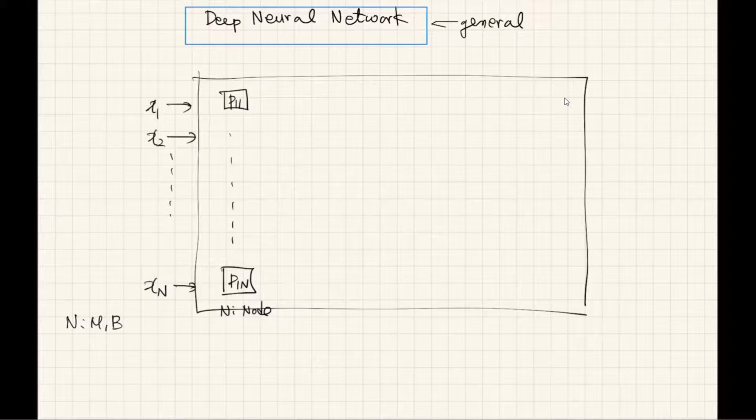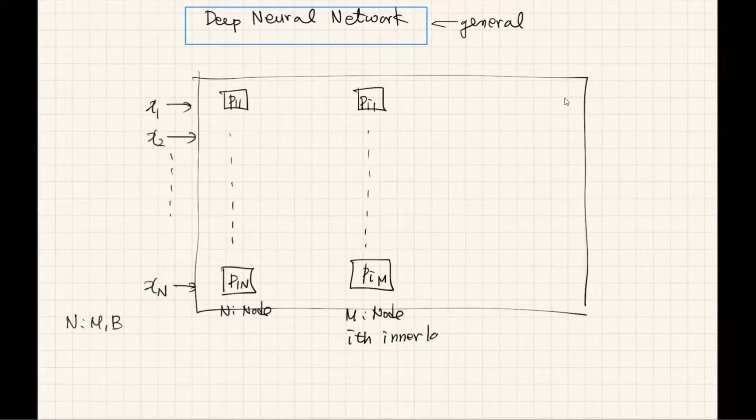Also, I'm assuming that we have I inner layers. Let's assume we have many inner layers, and then it has an output layer.